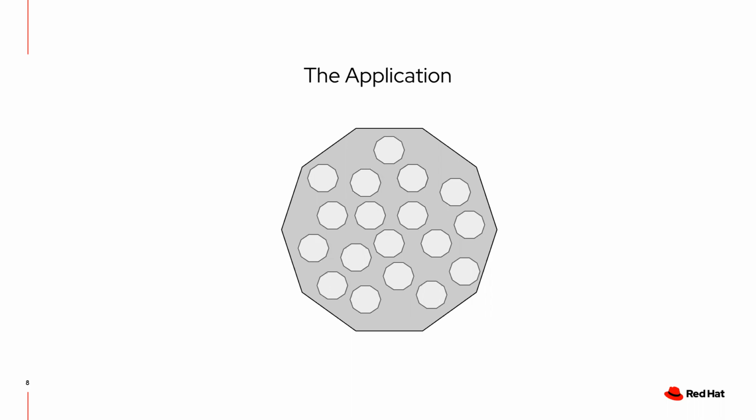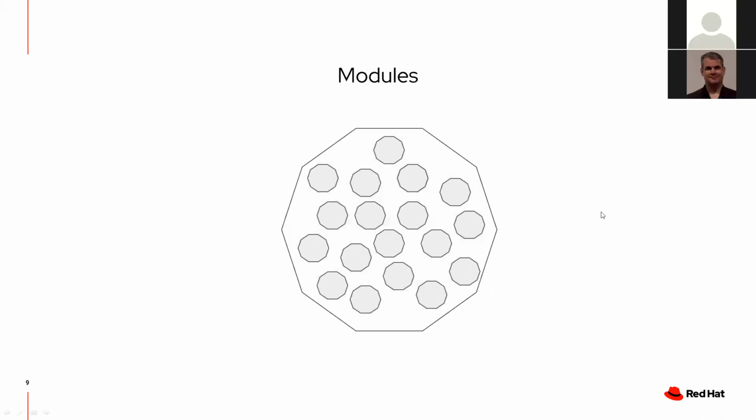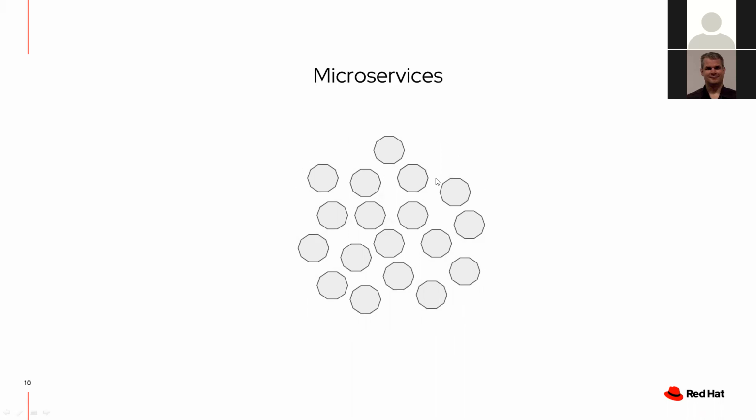So all of these macro services are all included. Within a monolithic application, there's usually several modules, and each of these modules performs some action or some specific task. And that's where we came from.